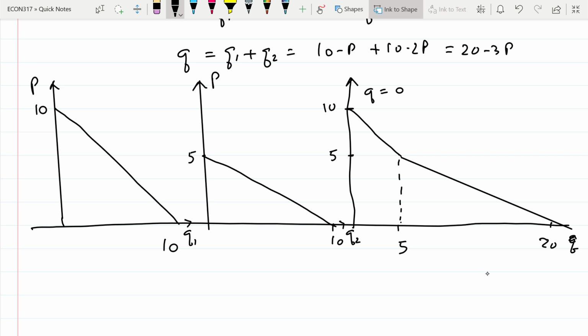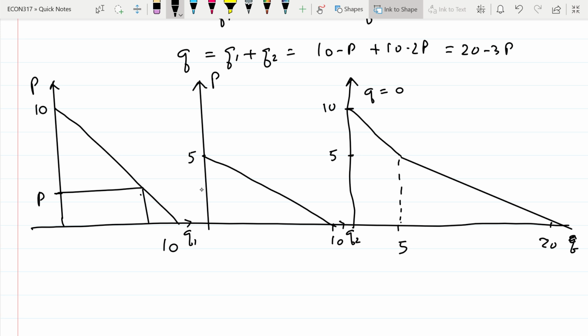And as you could see, if we have any additional number of buyers, I will keep adding up the quantities for each buyer to come up with the market demand. So suppose I pick a price here. I know the quantity bought by the first buyer is a number here.